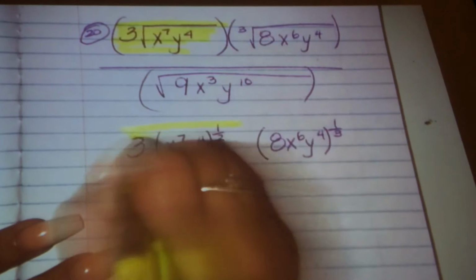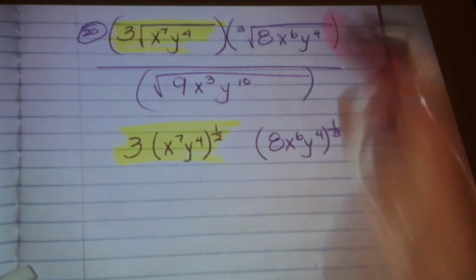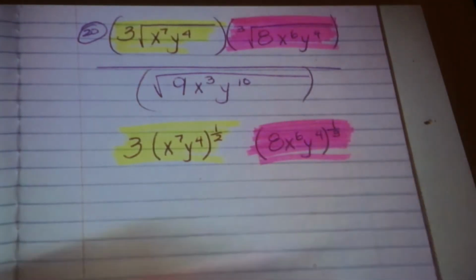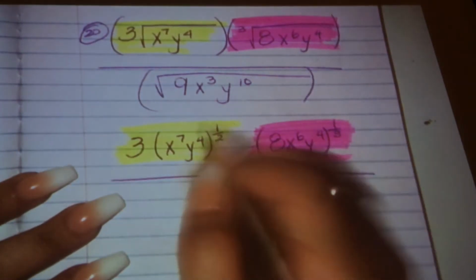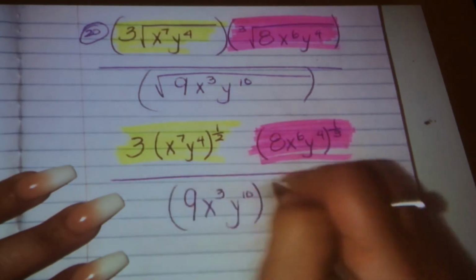This right here is this. I'll wait till you guys highlight too. I have my 3 degrees. Can you please highlight? This is this. And then the bottom one is going to be 9x cubed y to the 10th to the 1/2.